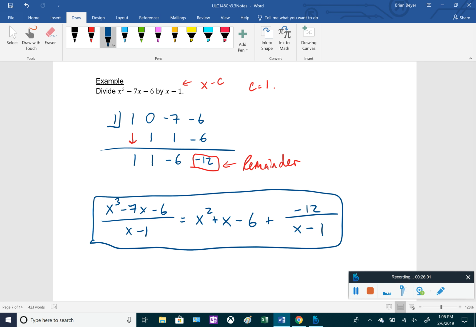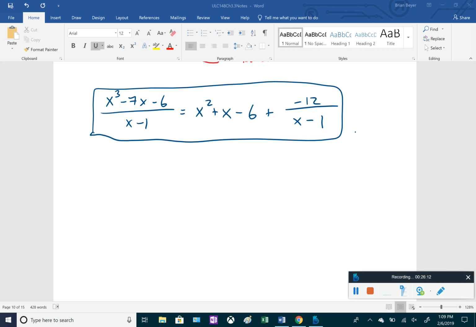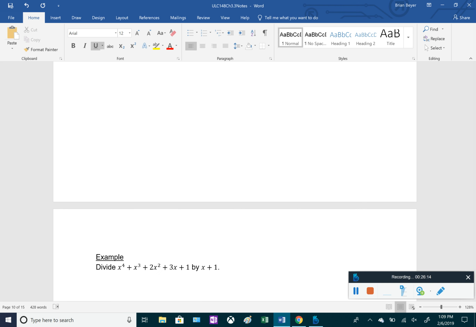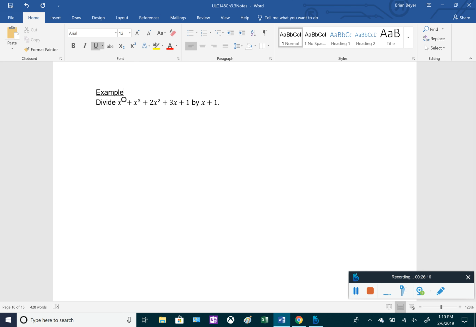Okay, so I'm actually going to add one more example in here, and I'll do it pretty quickly. I just want to add it because it'll get us into the theorem that we're about to do. So let's do this one right here. Let's write out the coefficients for synthetic division.